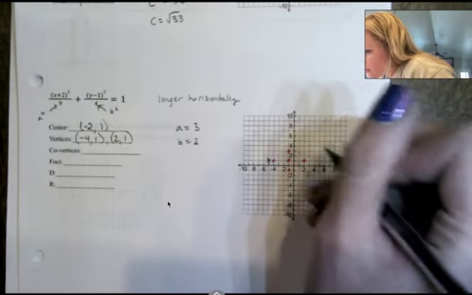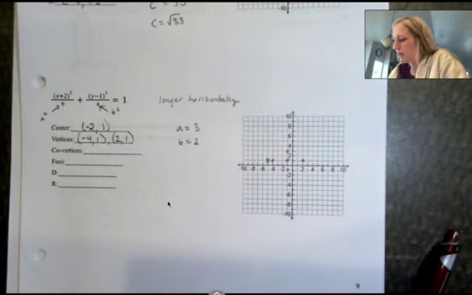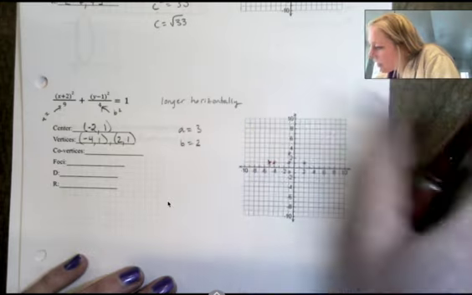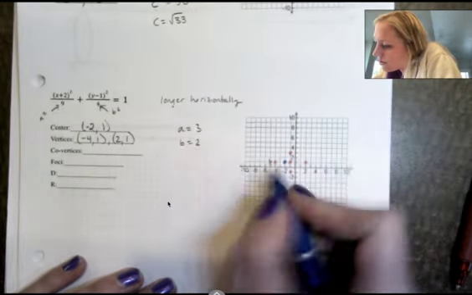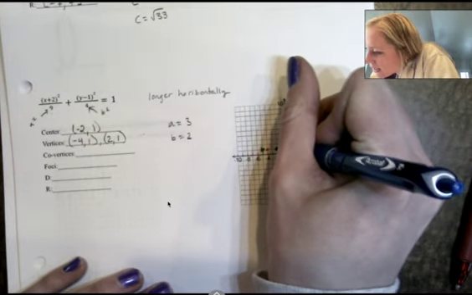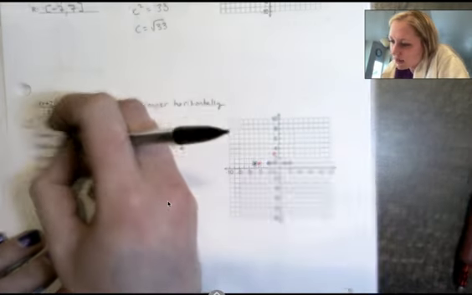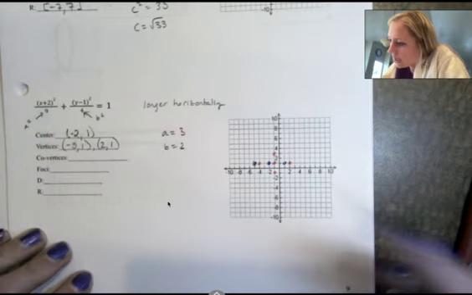I put my center in the wrong spot. Okay, well, I'm going to use a different color to overlap that. So my center, I did this part right, and I graphed it incorrectly. Negative 2, 1 is right here. So then if I go 3 out, I'm right here. 1, 2, 3. So blue is the correct one. So let's fix these. So I'm at -5 and at 1, 1.